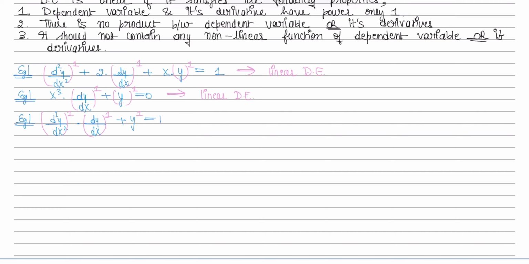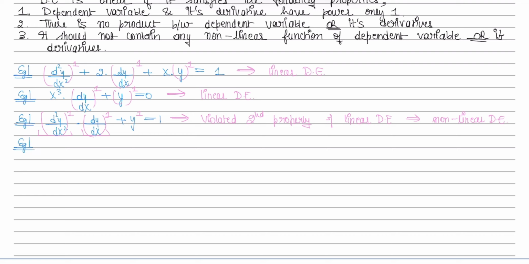But second property says that there should be no product between dependent variable and its derivative, but the product between derivative and double derivative exists, so it violates second property of linear differential equation, implies non-linear. This provided differential equation is non-linear.